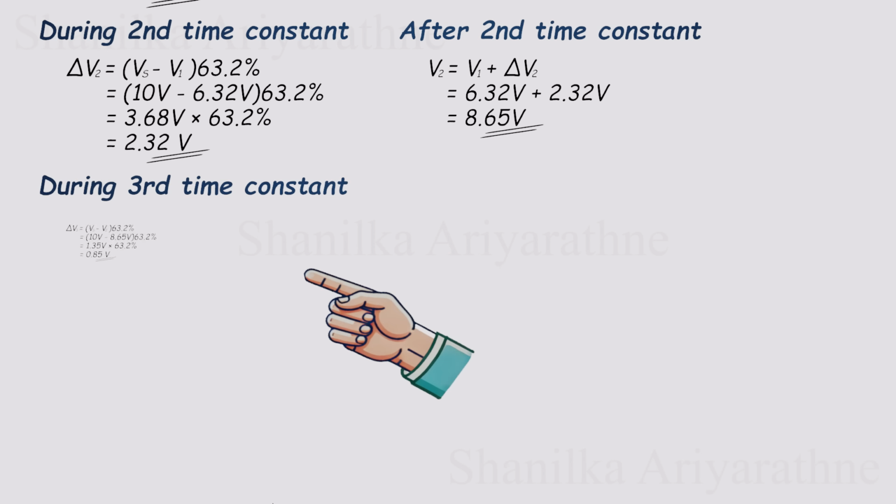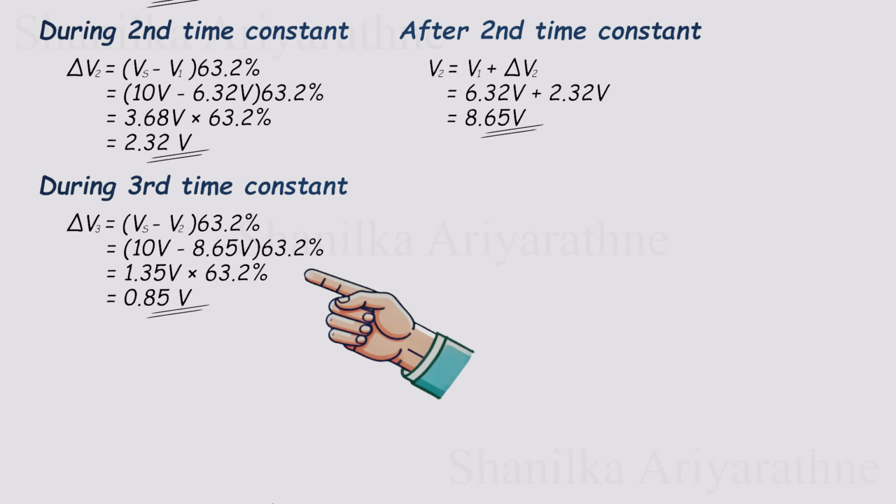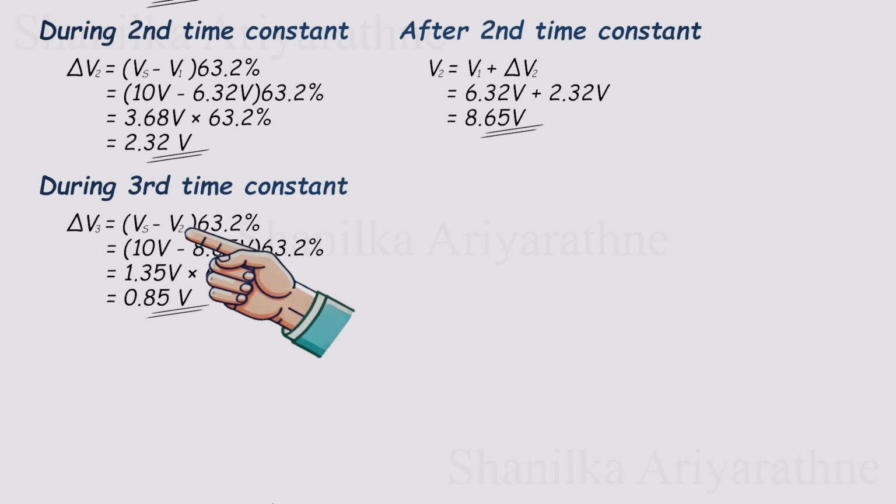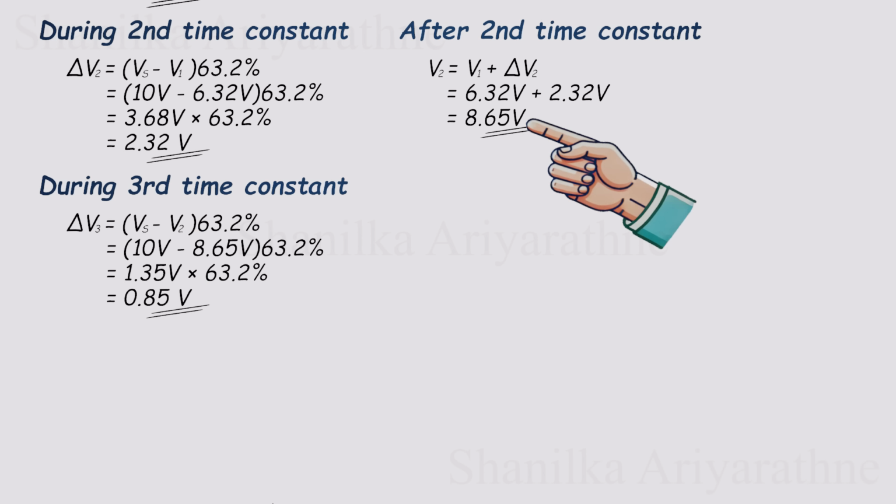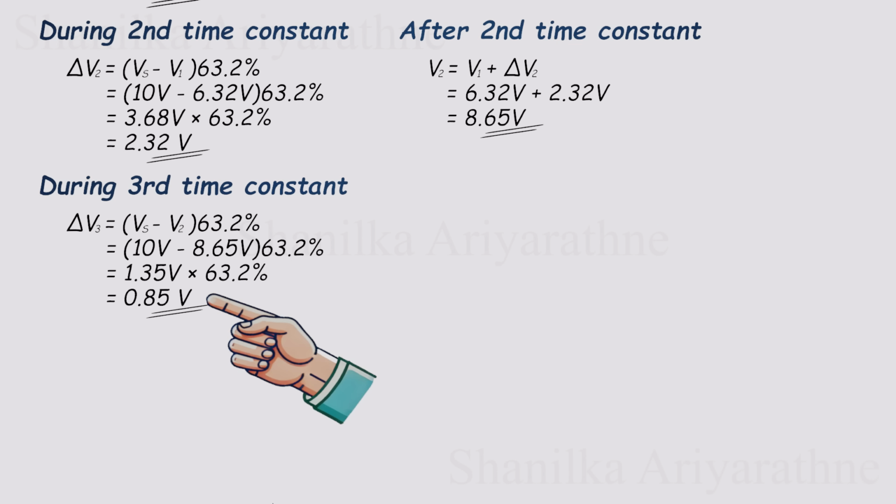Now let's do the same thing for the third time constant. This time we're starting from 8.65 volts, the voltage we reached after the second time constant. During the third time constant, the capacitor will gain about 63.2% of that remaining difference, which is 0.85 volts.